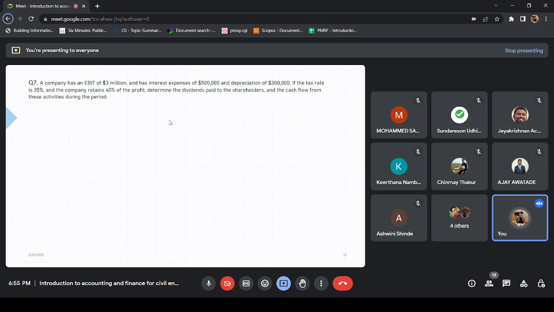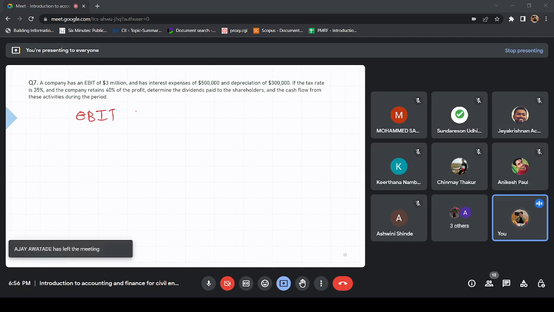So shall we start preparing the income statement and determine the dividends? Okay, so let's do it. Sorry, EBIT is 3 million. So that makes it 3,000.